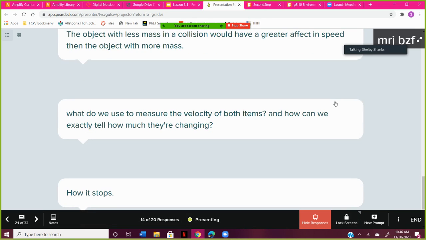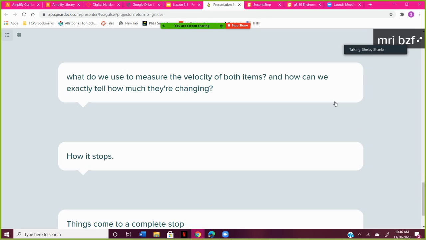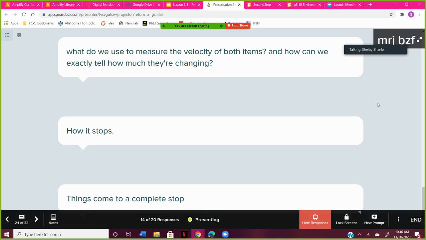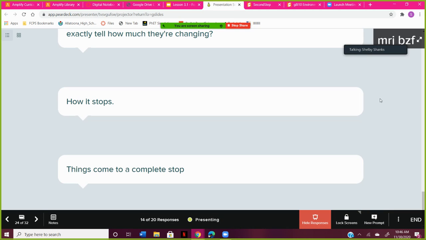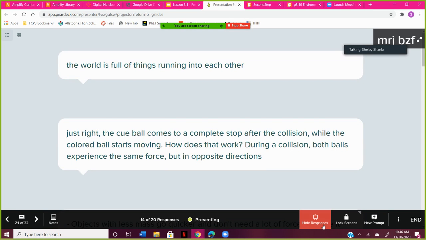What do we use to measure the velocity of both of the items, and how can we exactly tell how much they're changing? That's a good question. Hopefully we can figure that out when it comes to the pod. All right, so these are really good.